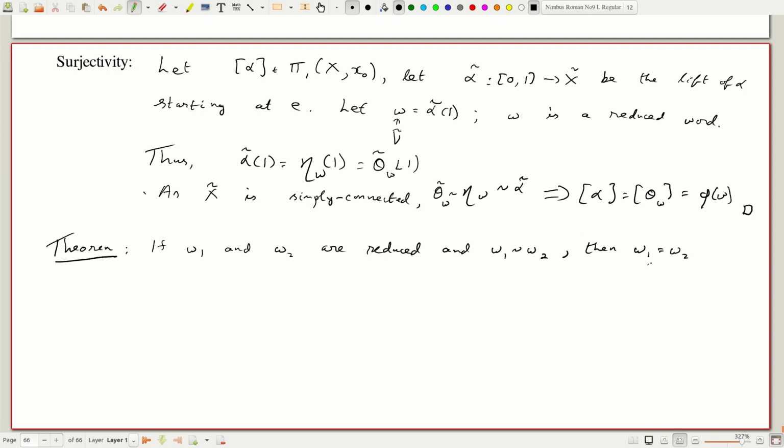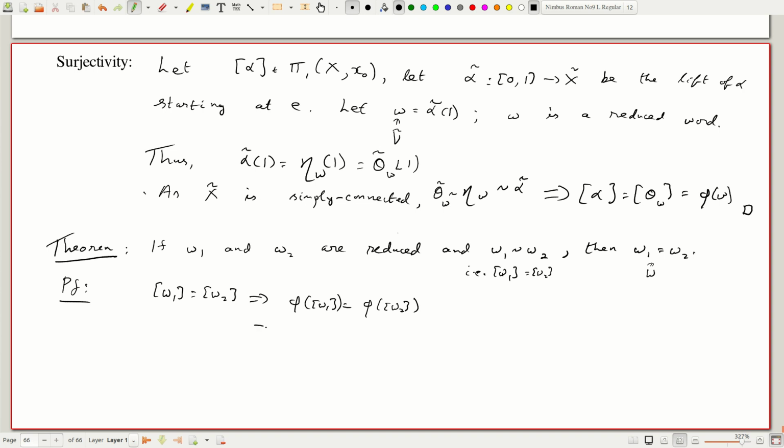So this says that the class of W1 in the free group is the class of W2 in the free group. Then they're actually equal as words itself. Okay, and the proof is almost immediate from what we have seen so far. Namely, if W1 equals W2 in the free group, this implies that phi of the class W1 equals phi of the class W2.